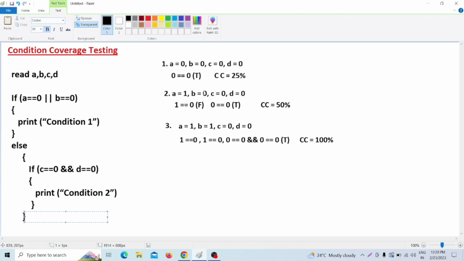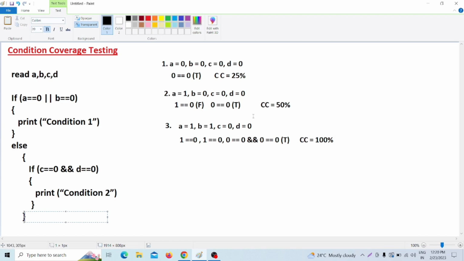B value is 0, that means 0 equals 0, so we are getting true here. That means we have covered 2 conditions. As we are getting true here, it will print condition 1 and the program will close. Then for condition coverage, we are getting 50% because we have covered 2 conditions out of the 4 conditions.